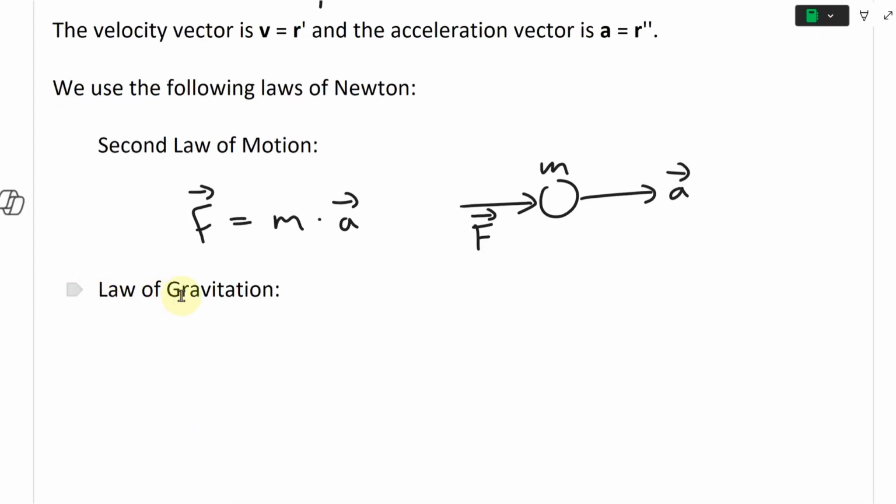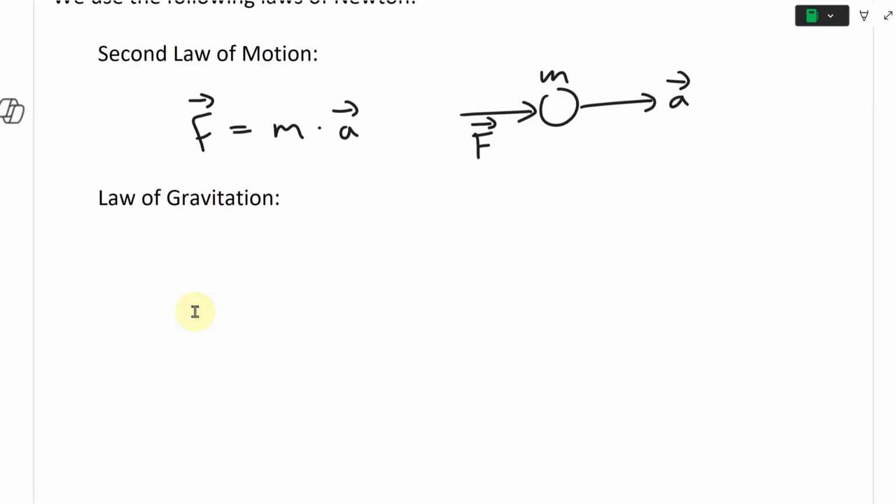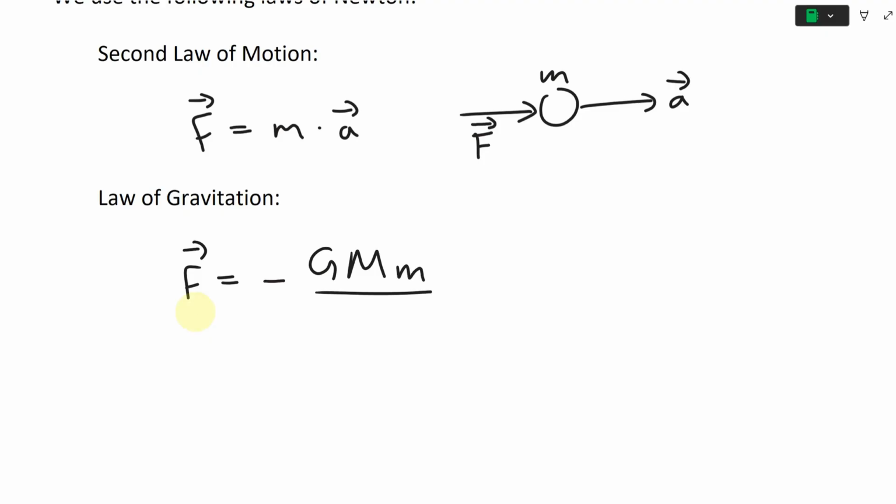All right, and now the law of gravitation basically states that if you have two bodies, you're going to have a force between the two masses. So F equals the negative of the gravitational constant G times capital M, which is basically the bigger mass, the sun in our case, and then the lower mass, the planet m, divided by r cubed.